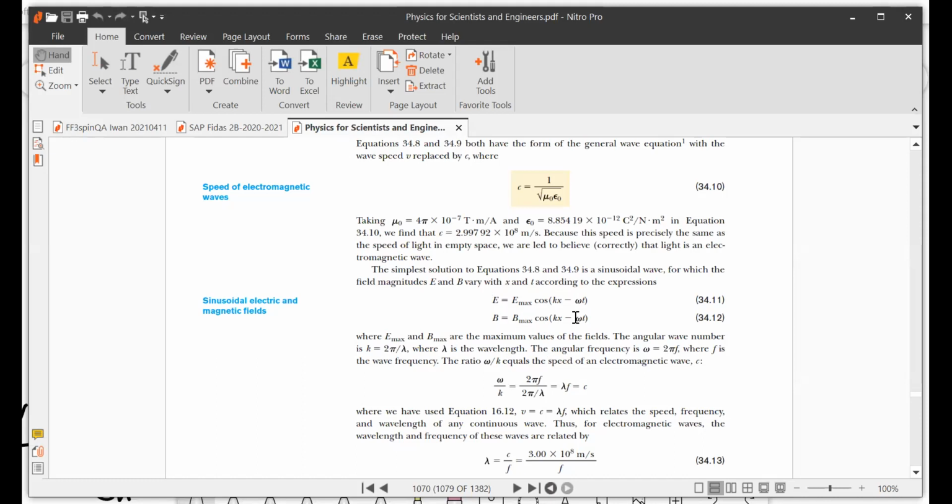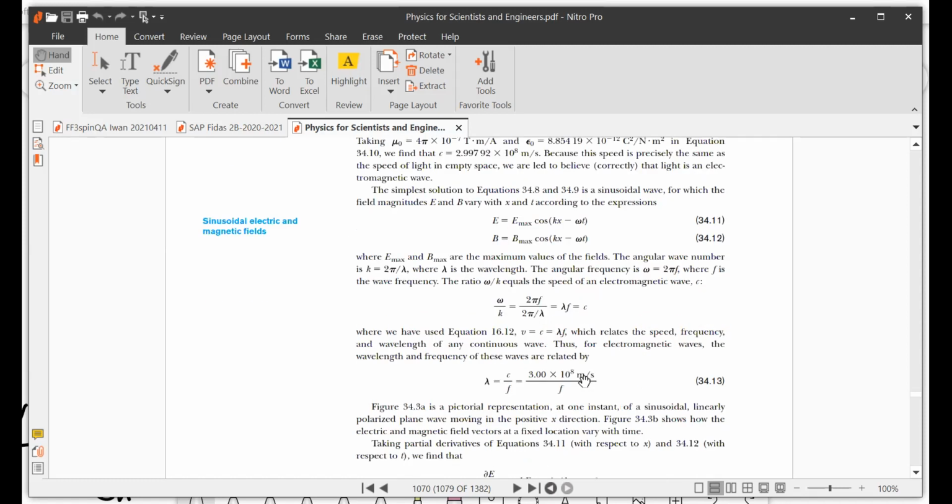And also if you use B to be cosine, then E should be also cosine. So this k is the wave number, related to lambda as k equals 2 pi over lambda, and omega is the angular frequency. So this omega over k gives us c, which is the speed of the electromagnetic wave in vacuum.